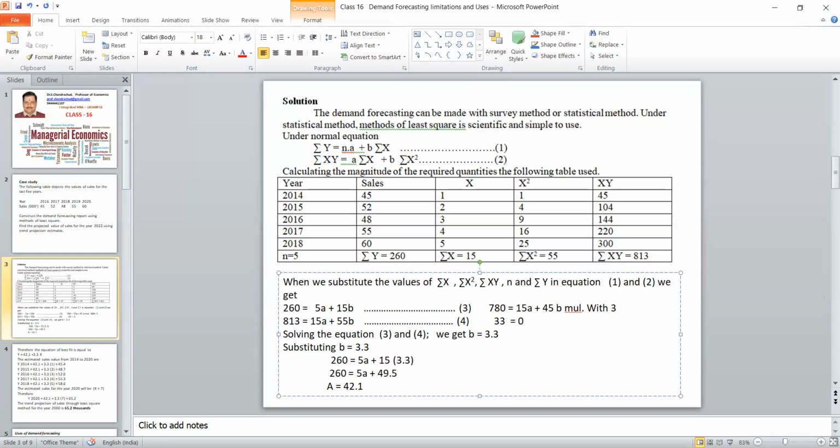Plus, 45b and 55b, so it is 10b. The difference is 10b. So 10b equal to 33, therefore b equal to 33 divided by 10.